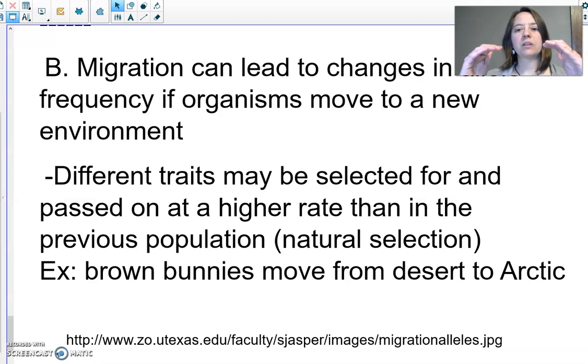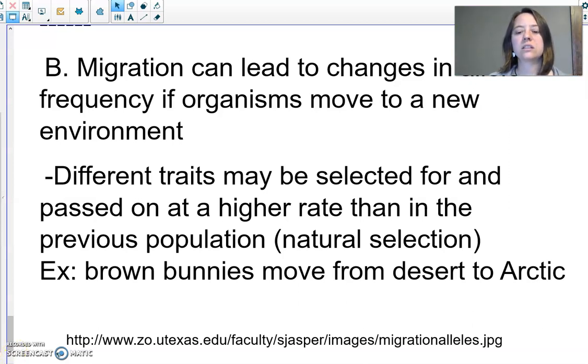Now this population migrates up to the Arctic, and the white bunnies have an advantage over the brown furred bunnies. So more of the brown bunnies will die and more of the white bunnies will survive. And so the frequency of alleles for white fur increases in the population, and that is evolution.